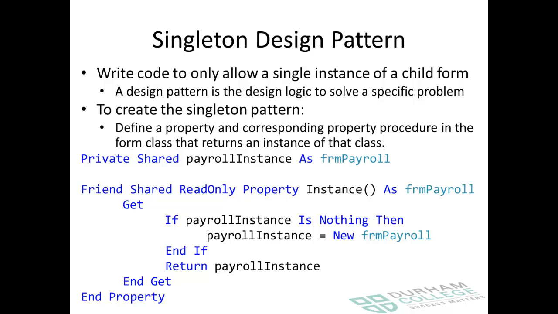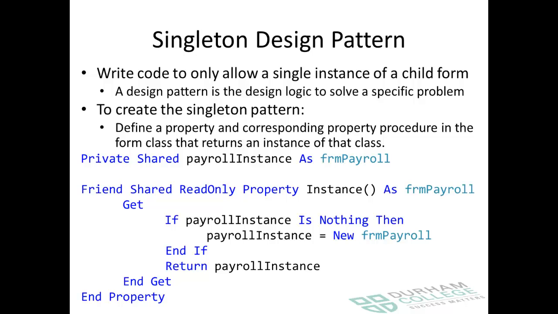So the Singleton design pattern simply follows what you've done with your business logic in terms of creating properties and then property procedures to instantiate or to return instances of those properties. In this case, I've got a payroll form and I've declared a shared payroll instance property. It's private to just that module.